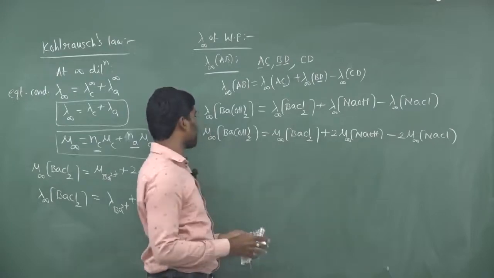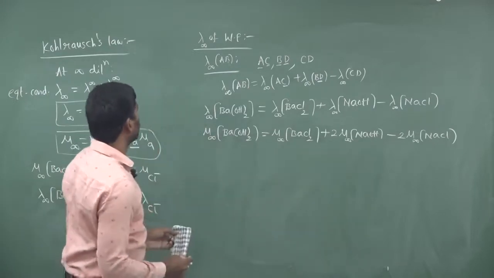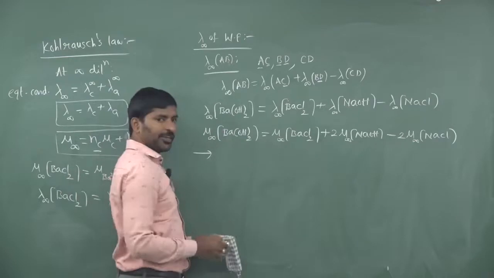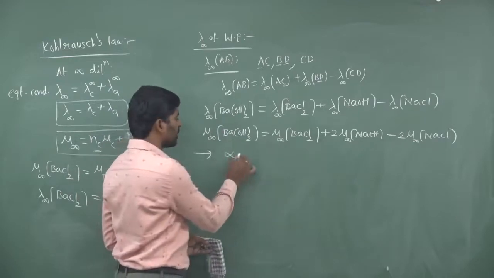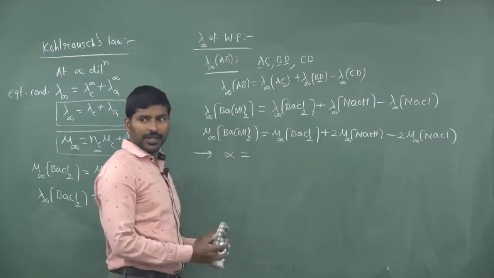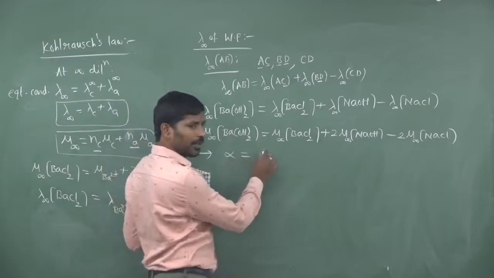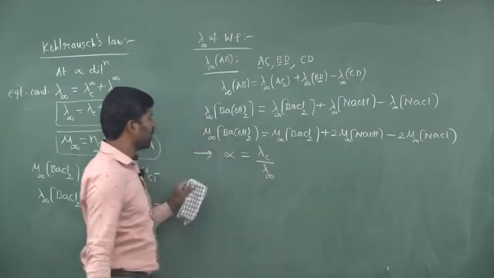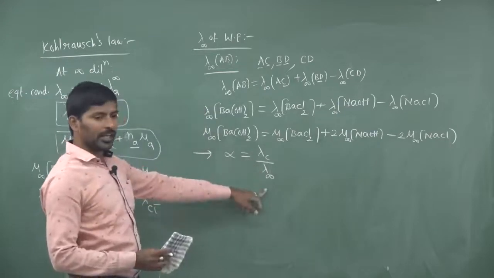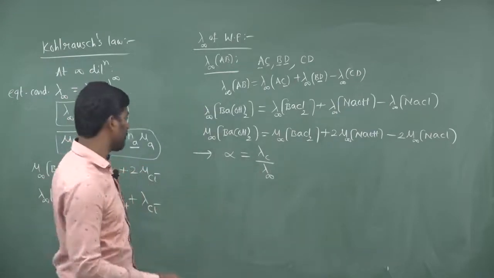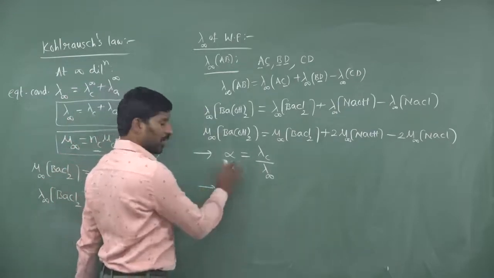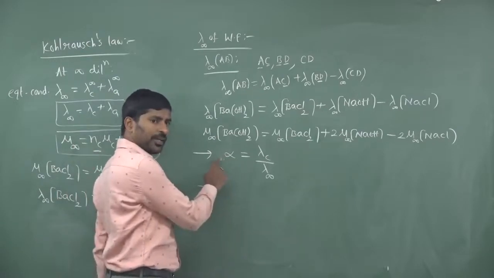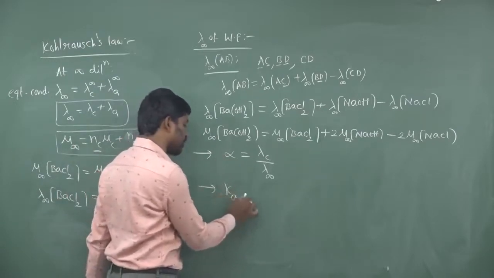Right. So once you calculate lambda infinity of weak electrolytes, we can calculate its degree of ionization also. Degree of ionization, what is the formula? Lambda C by lambda infinity. From that we can calculate the degree of dissociation, or degree of ionization. Once you know the degree of ionization, we can calculate the acid dissociation constant also.